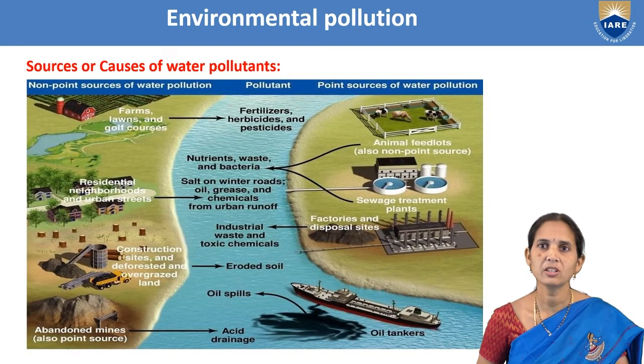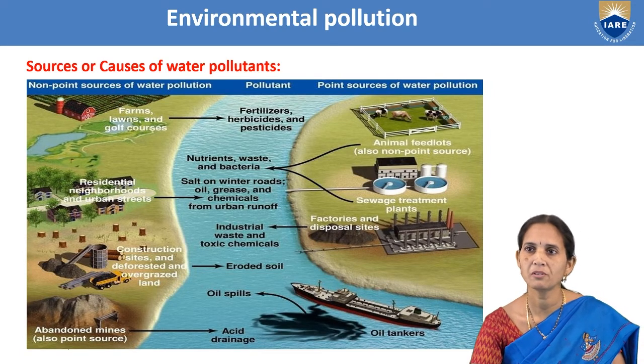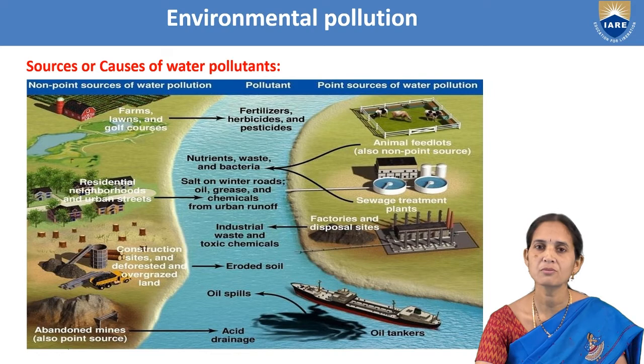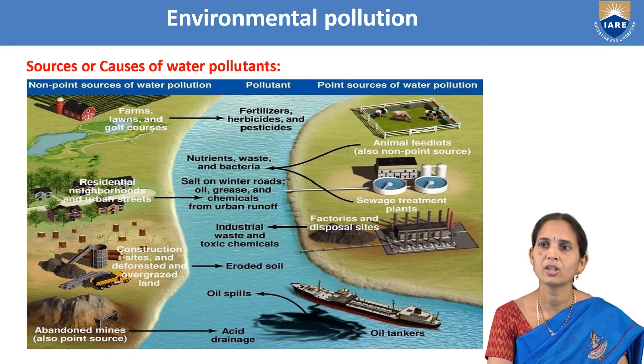So in the diagram we can see point sources and non-point sources. Point sources means from the houses we are getting the sewage, wastewater. From the industries, factories, we are getting the wastewater. And from animal feedlots.